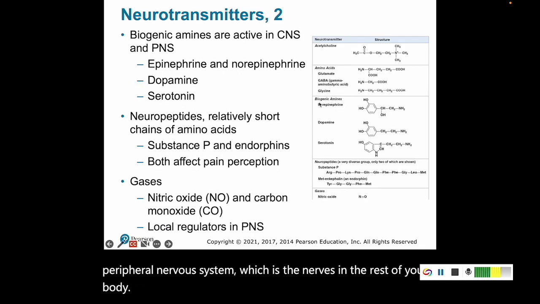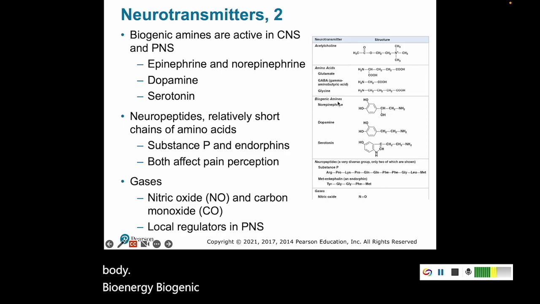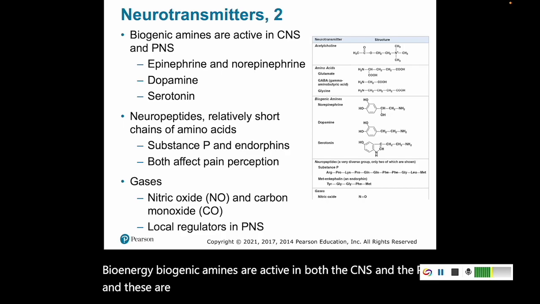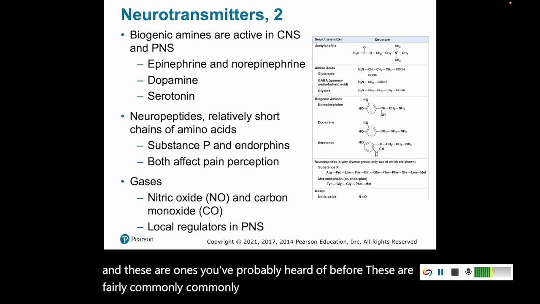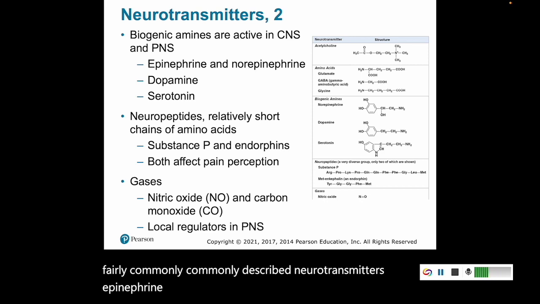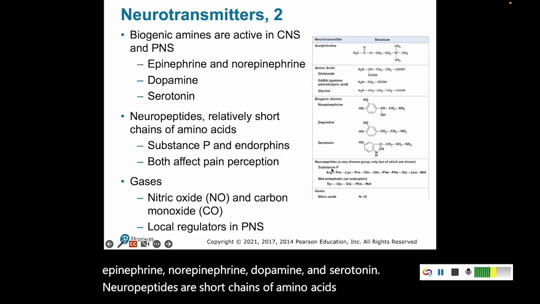Biogenic amines are active in both the CNS and the PNS, and these are ones you've probably heard of before. These are fairly commonly described neurotransmitters: epinephrine, norepinephrine, dopamine, and serotonin. Neuropeptides are short chains of amino acids, so short little peptide groups.